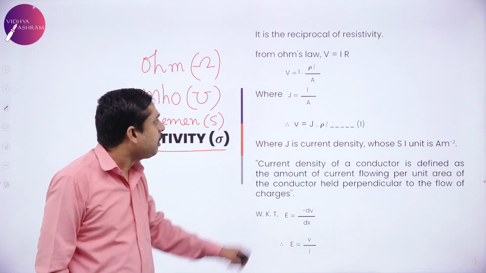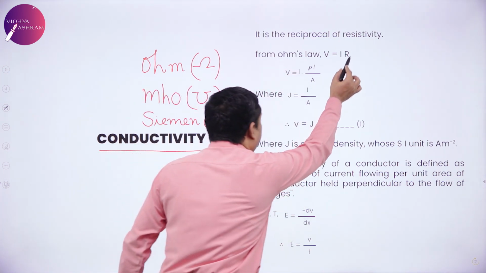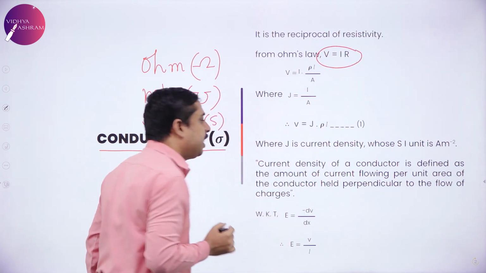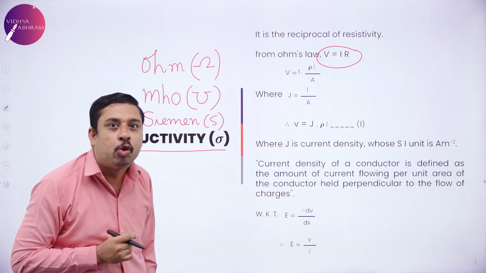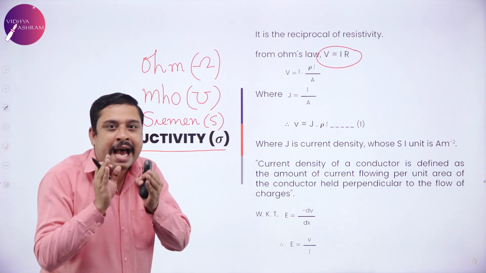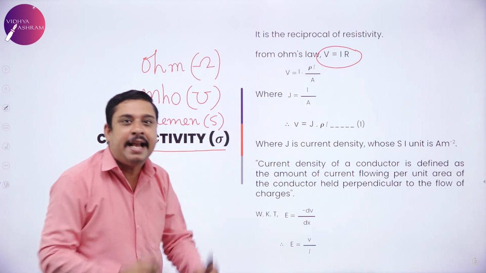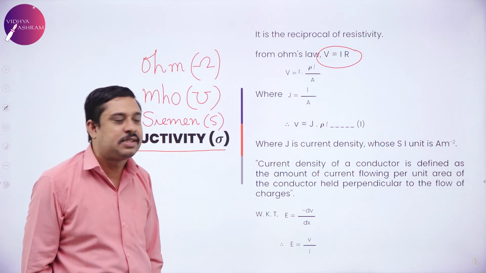Now, from the mathematical form of Ohm's law, we wrote V equals I into R. V is the potential, I is the current, and R is the resistance.